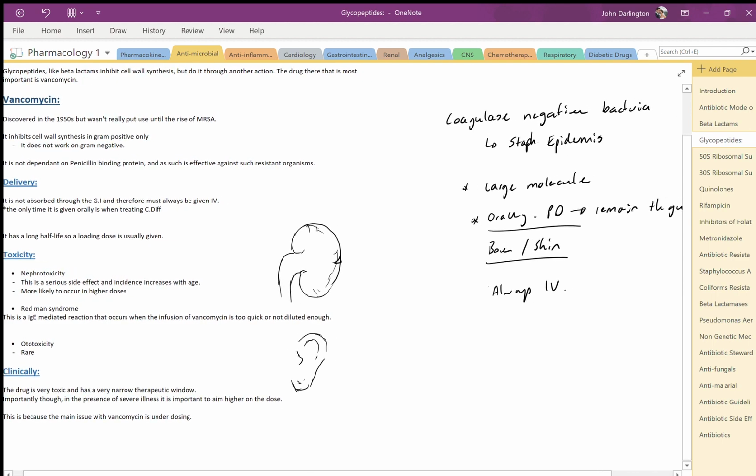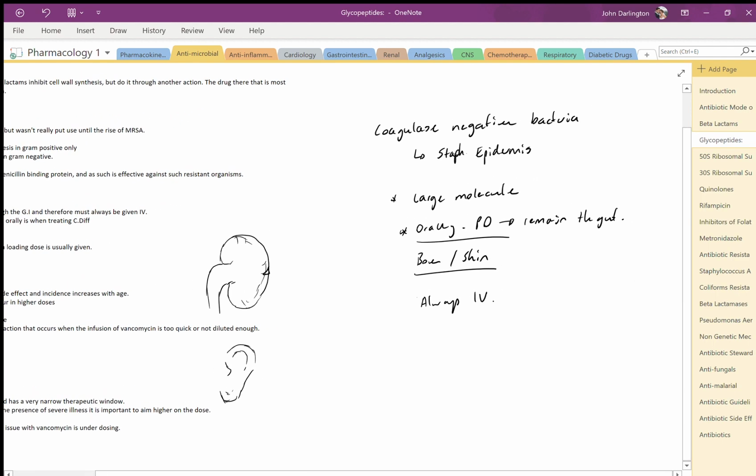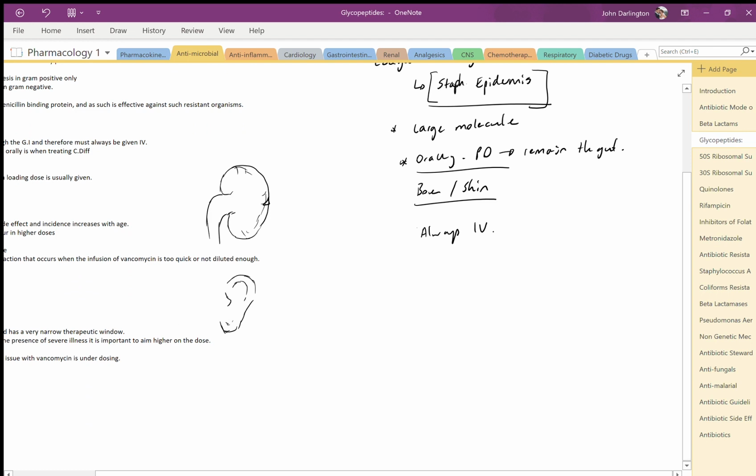So it's predominantly used for staph epidermis, but another major thing that you need to be aware of, and I'll even do this in a different colour, is that it's used for MRSA.